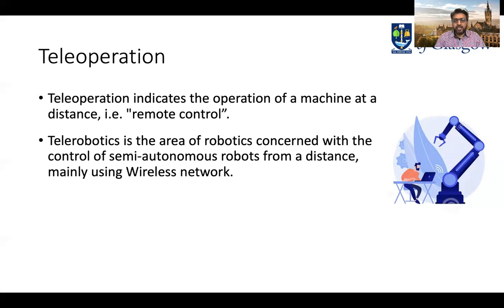And they are normally controlled using a wireless network, either Wi-Fi or, in today's technology, 5G technology. So it means you can control a semi-autonomous or manual robot using a remote control from a distance, and this is known as telerobotics.